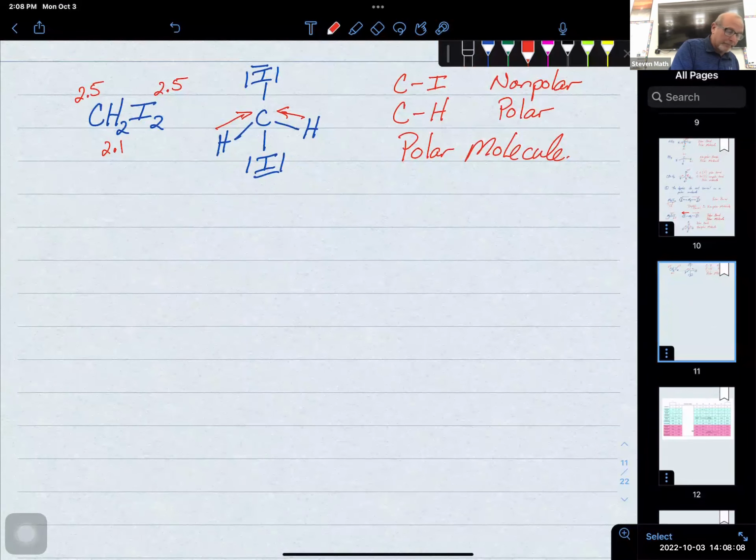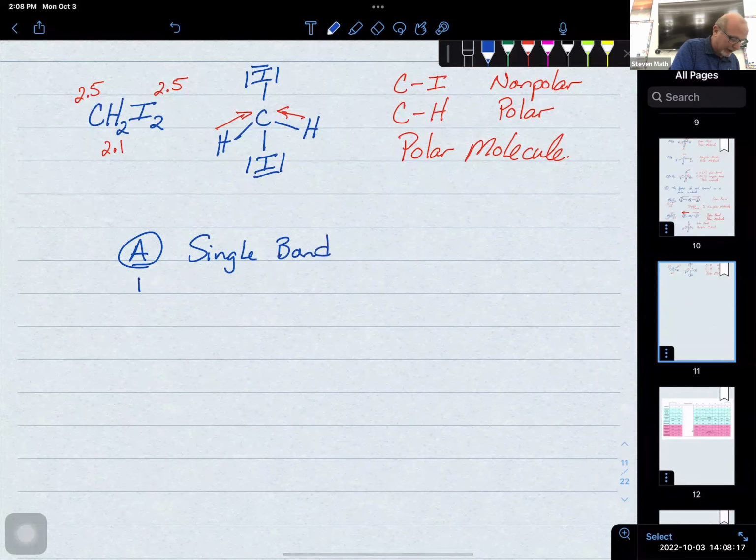So to wrap things up, just remember, A scenario is our single bond. Bond type is molecule type. B is lone pairs on the central atom. Lone pairs on the central atom make things polar.